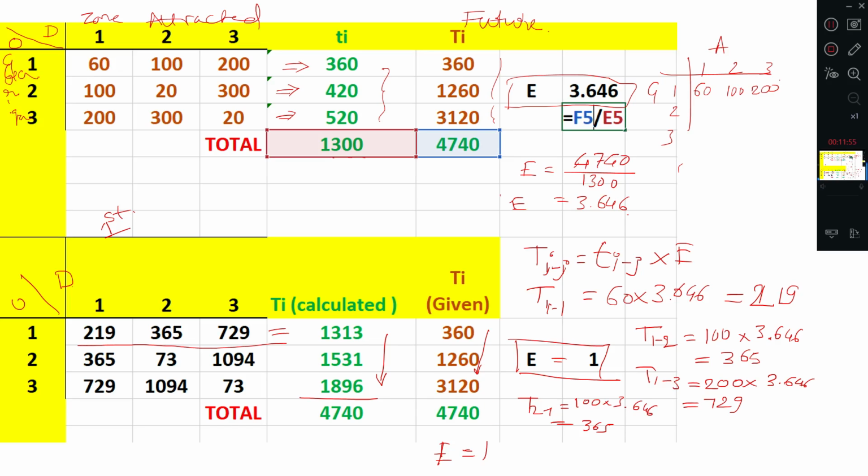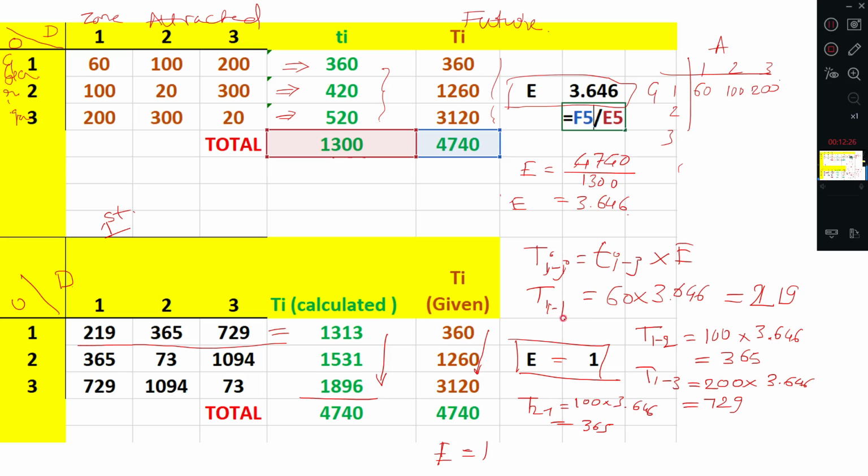So like this we can solve problems with the constant or uniform growth factor method. It is a very simple method. First of all, put the values in the matrix, then calculate the sum of all those things. Future trips divided by the present trips gives us the growth factor value, and that growth factor is multiplied by the values in the present matrix.